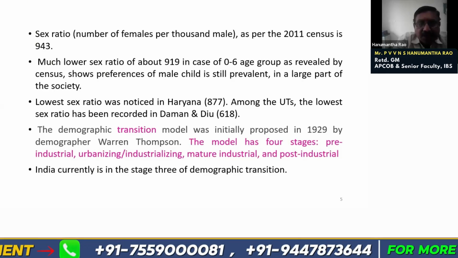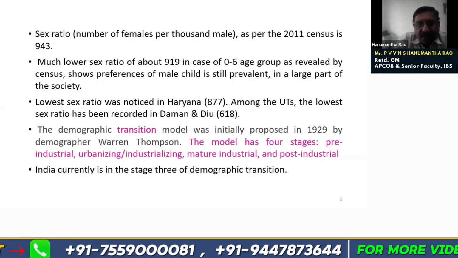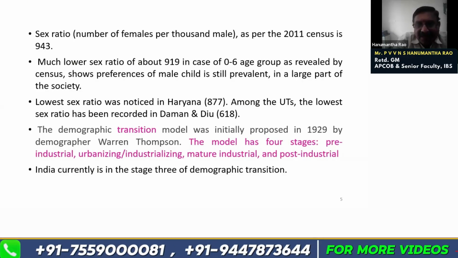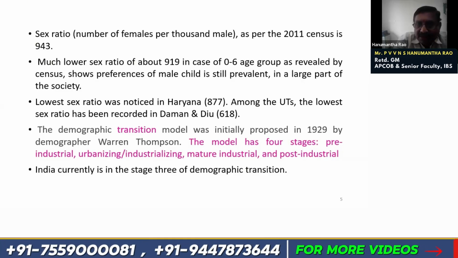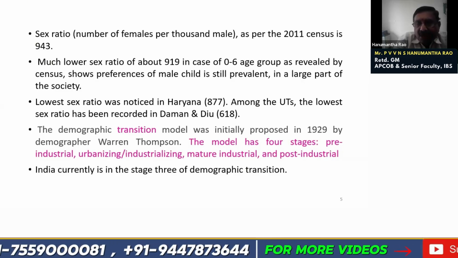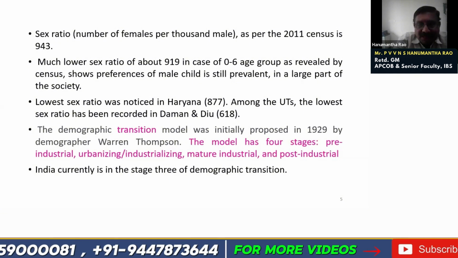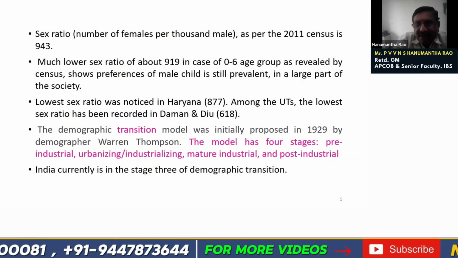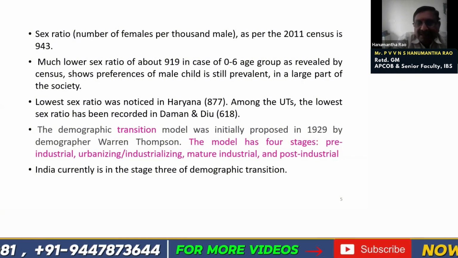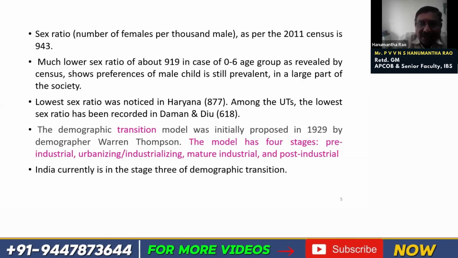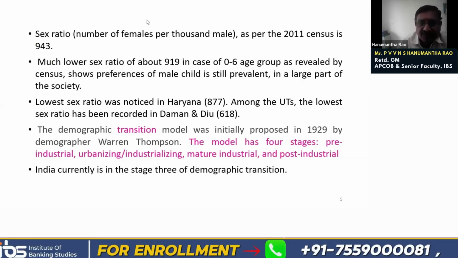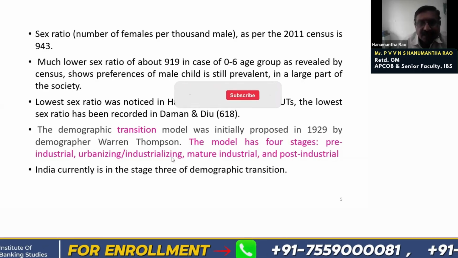One is pre-industrial. Next one is urbanizing and industrializing. Third one is mature industrial. Fourth one is post-industrial. India is in the stage of mature industrial.